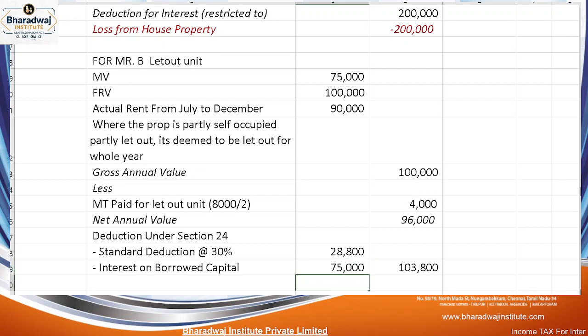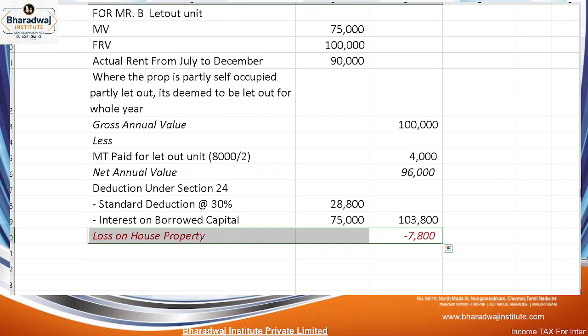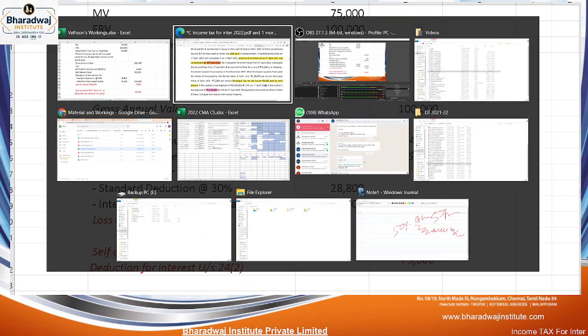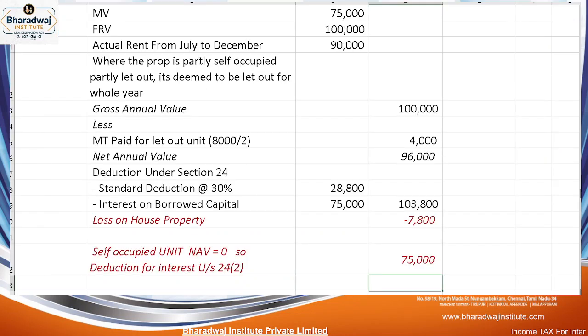We are working for the first floor. So if you do this, you will get loss from house property. Of course, ground floor is self-occupied. NAV is equal to 0. The deduction will be given for interest. How 75,000? Simple. 15 lakhs into 10% into 1 by 2. 75,000.